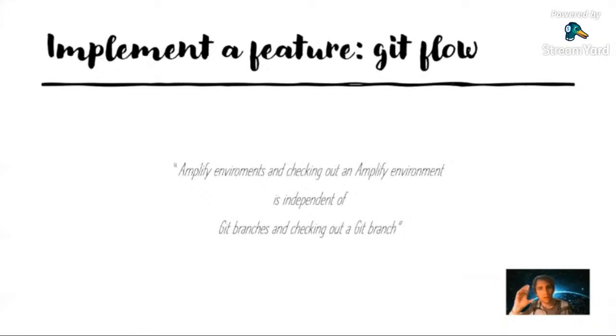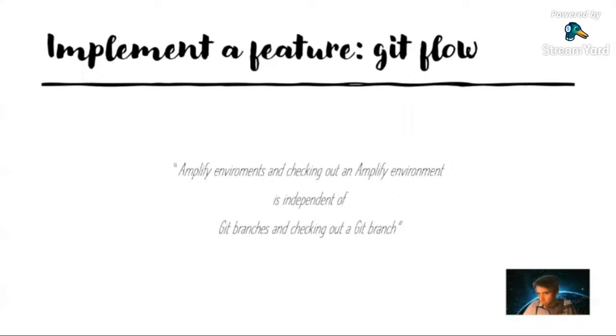It's something that can be confusing at times, but you can have a different Amplify environment which actually contains the content from the same Git branch and vice versa. So they can be totally separate of each other. In a good workflow, of course, you use them together to build the right workflow.